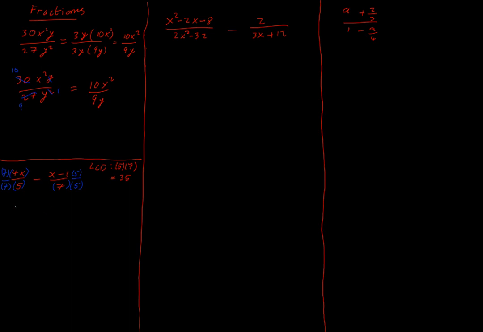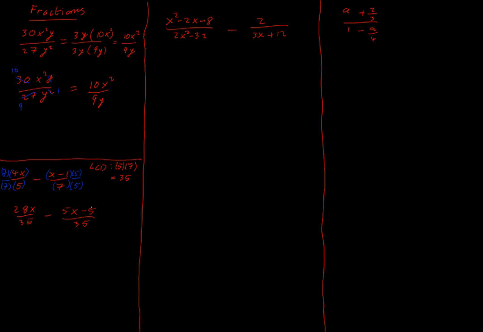So multiplying that out, I end up with 28x all over 35 minus 5x. That should have brackets around it. Minus 5x minus 5 all over 35. Important to put brackets around to remind ourselves that we are multiplying everything on the top line by 5.